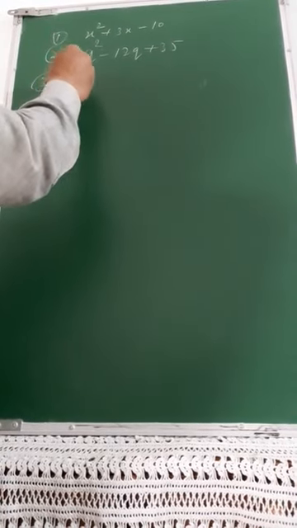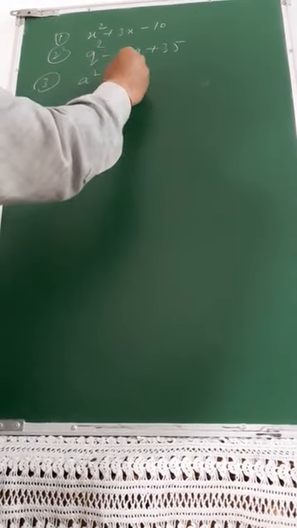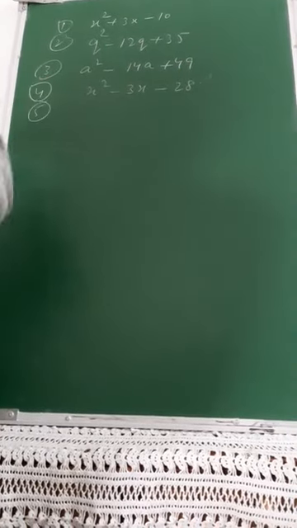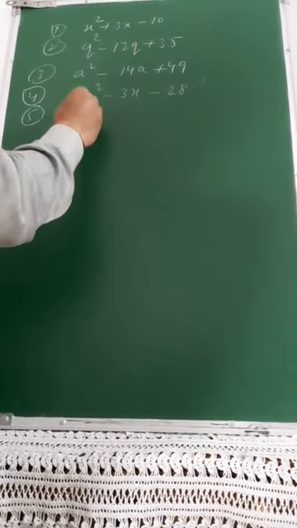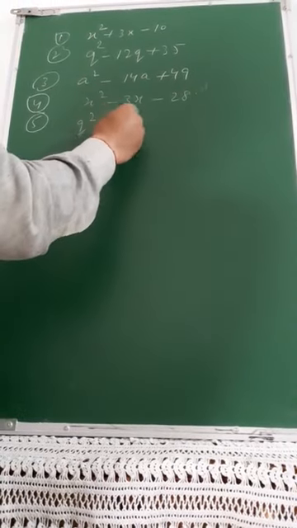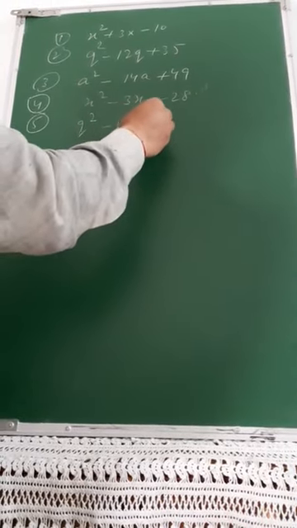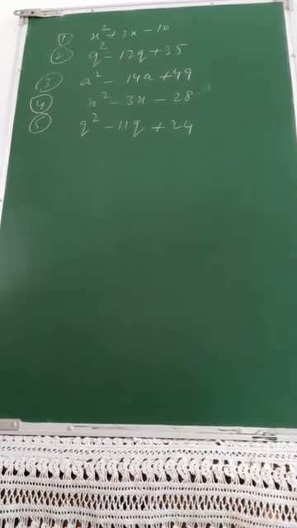Number 3 is a square minus 14a plus 49. Number 4 is x square minus 3x minus 28. And number 5 is q square minus 11q plus 24. So you can practice these 5 as today's assignment.